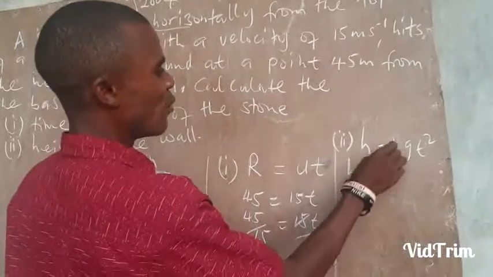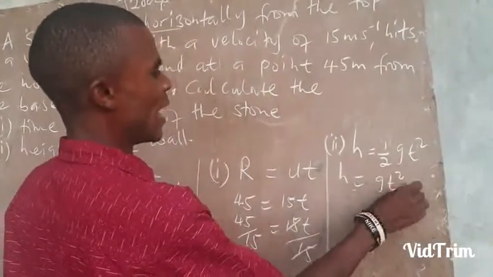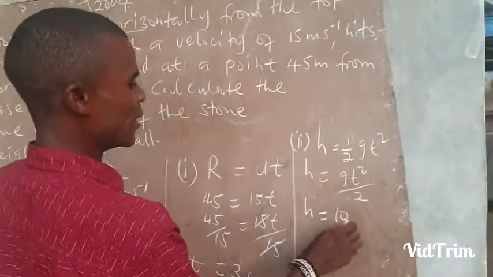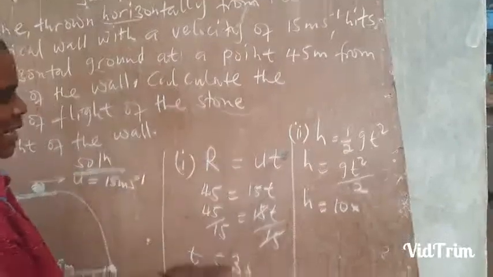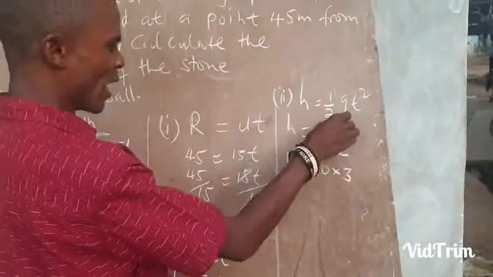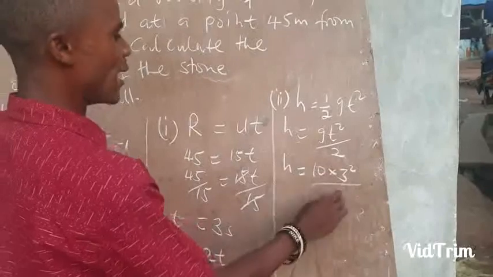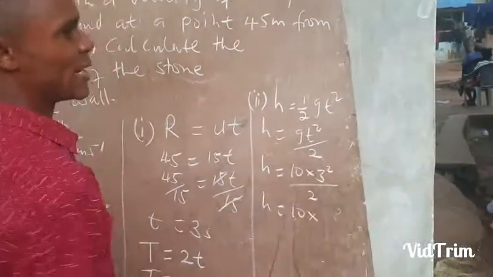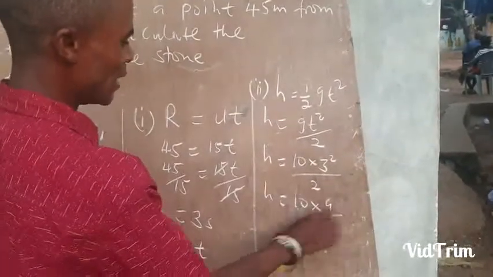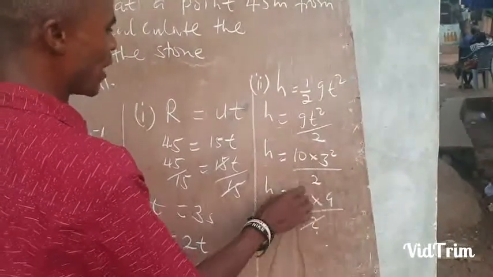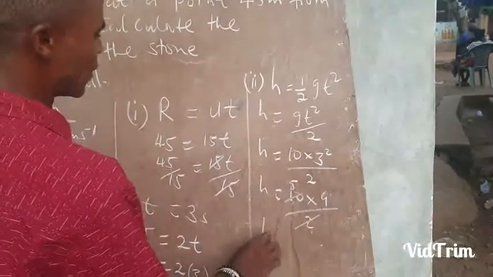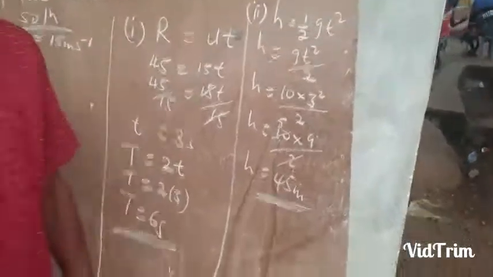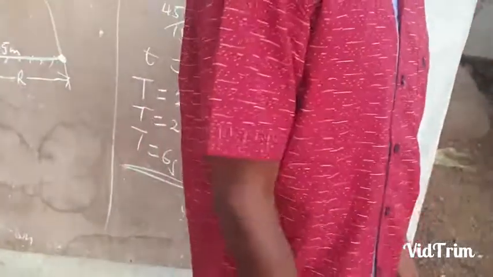So h equals g, which is 10, times small t, which we have got as 3 here. Because of the square, you say 3 square, everything over 2. So h becomes 10 times 3 square, which is 3 times 3, that is 9, divided by 2. 2 goes into 10, 5 times. 5 times 9 is 45. That means the height is 45 meters.